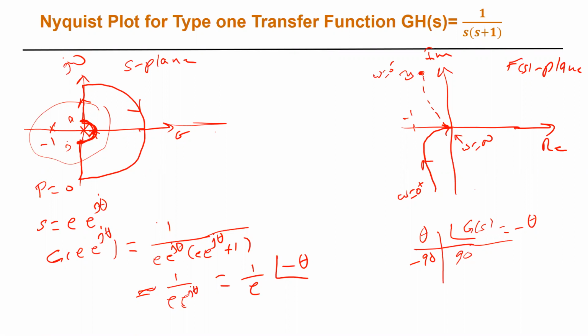Doctor, how did you get minus 90 for theta? I didn't understand that. Look, if I use in this area around the origin, let s equal to rho e to the j theta.